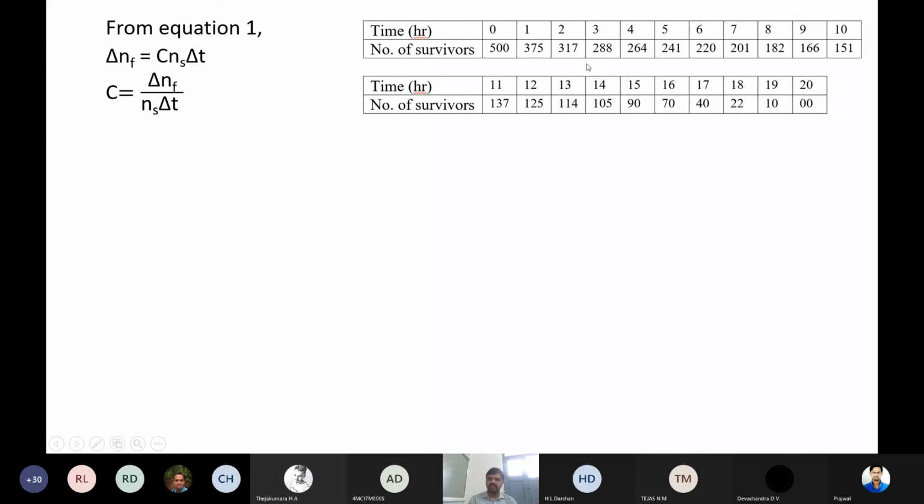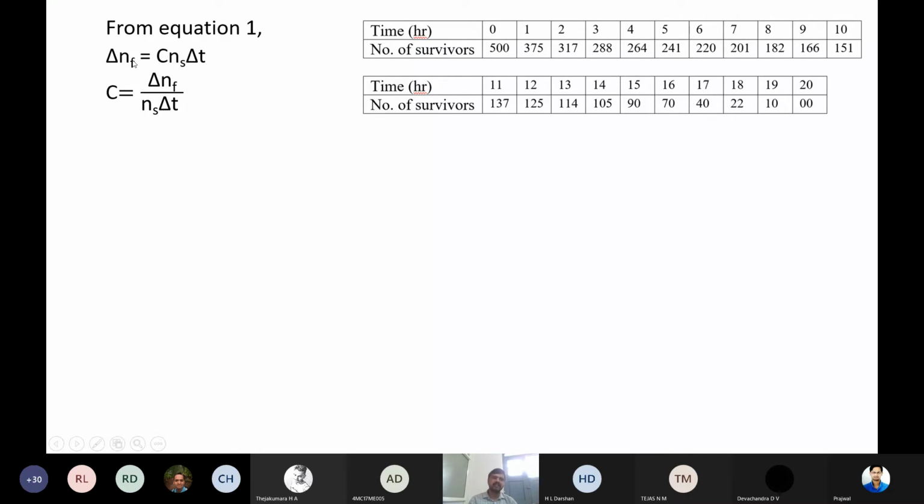They have given this data. Next, you have to plot the bathtub curve. In order to plot it, you need the failure rate. You have to find out C. In order to find C, we make use of equation 1, which we already discussed. It is the number of failures after time period delta t.